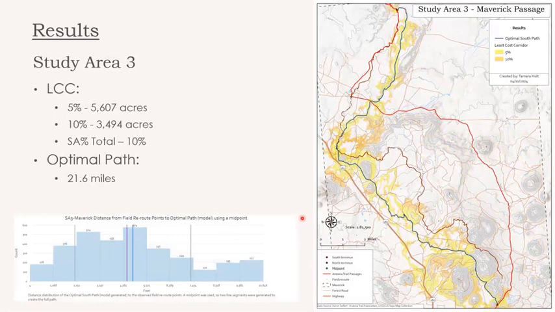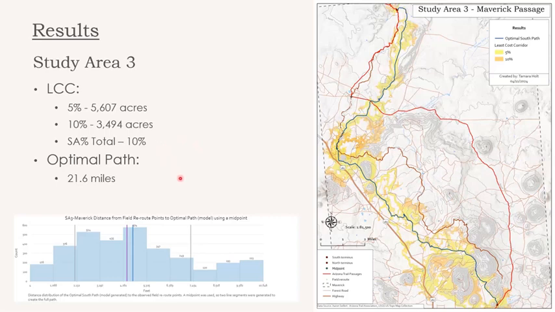These are the results for the least cost corridor with a midpoint, which is here. The optimal path follows the contour of the terrain, similar to the GPX field data points. The suitable corridor area dropped from 12% to 10%, or approximately 9,000 acres.